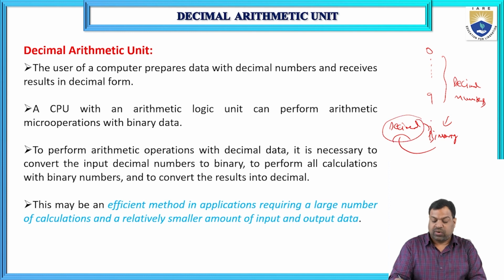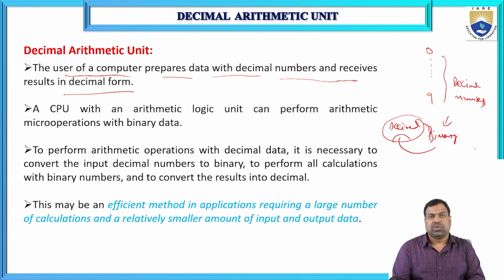So, our language is decimal, but the system's understanding, or machine language, is binary numbers. So, the user of a computer prepares the data with decimal numbers and receives results in decimal form. So, always the user will take the data from the system, from the machine, as decimal numbers. We are sending through decimal only and we are receiving the decimal form only.